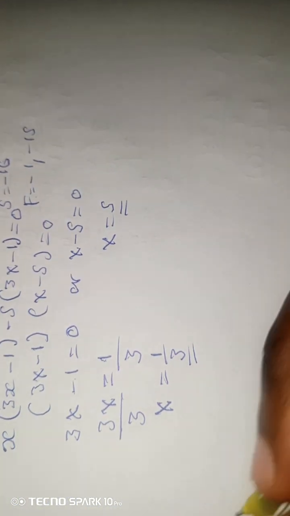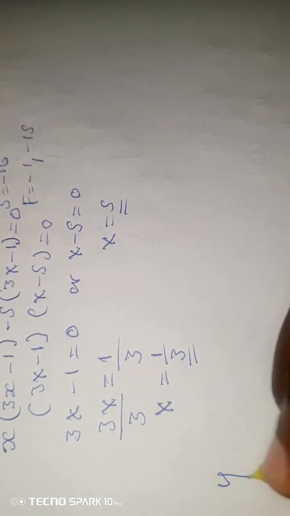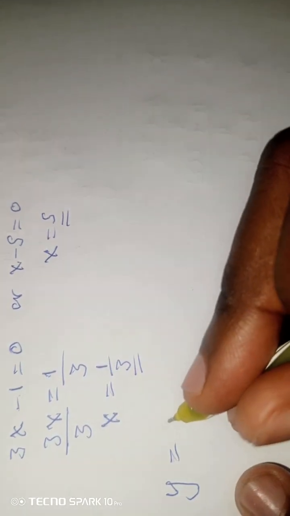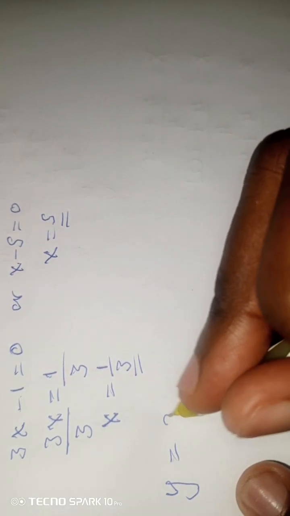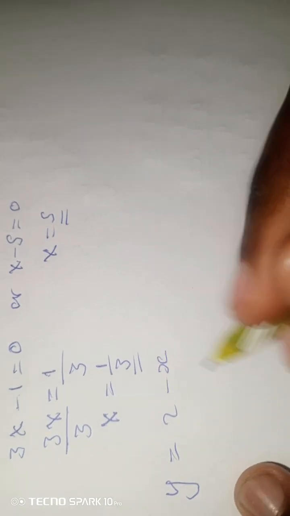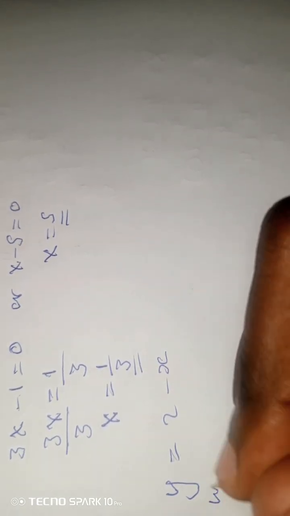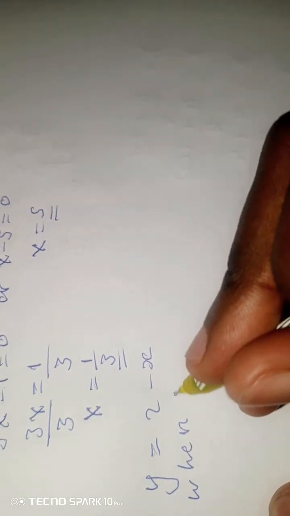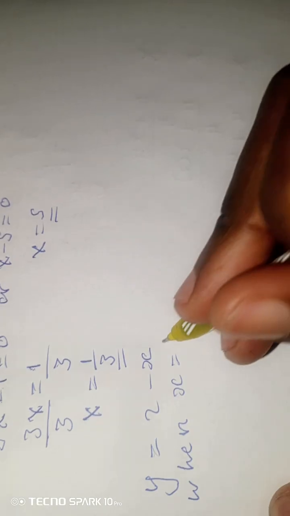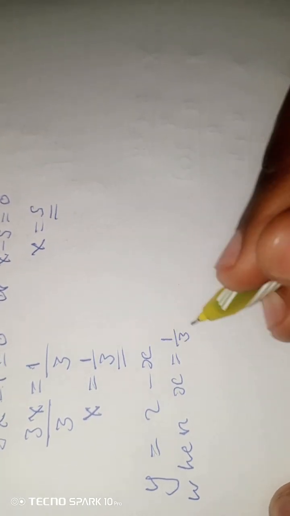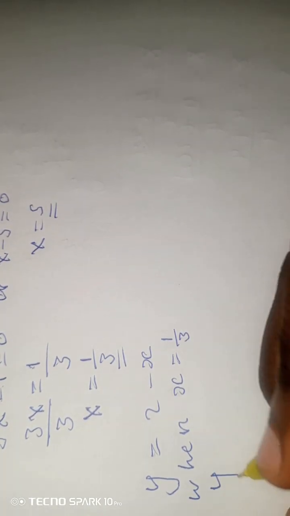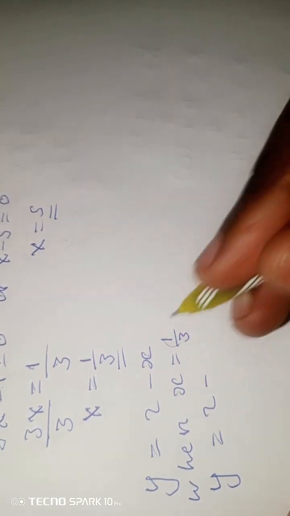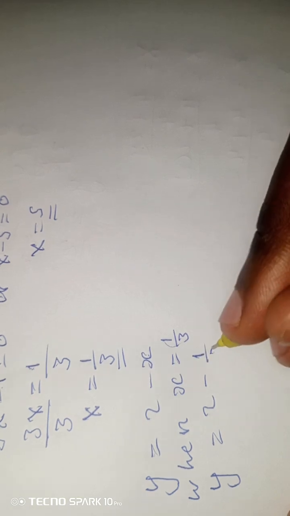But remember, earlier on we said y should be equal to 2 minus x. So now we'll say when x equals to 1 over 3, what about y? So y will be equals to 2 minus, where there is x, let us put 1 over 3.